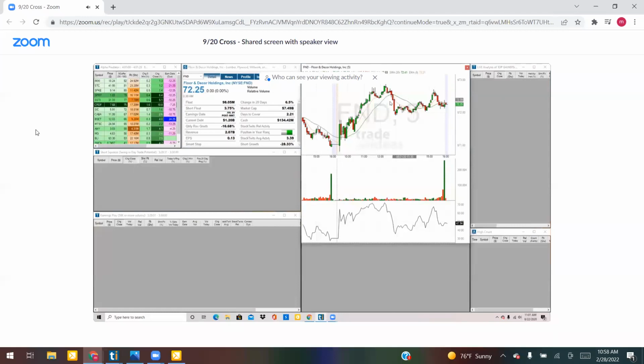So see how powerful these 9/20 crosses are? Again, the 9 EMA, orange trend line, crosses underneath the 20 SMA, boom, bearish. When the 9 crosses above the 20 SMA, bullish. Okay? Let's take another look.